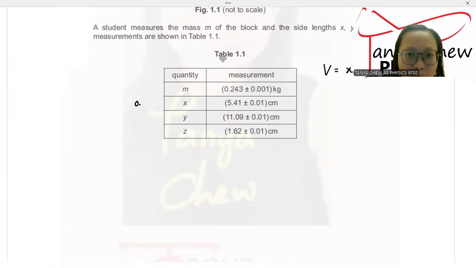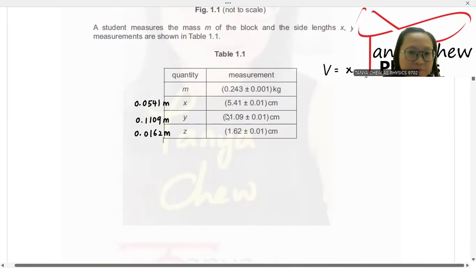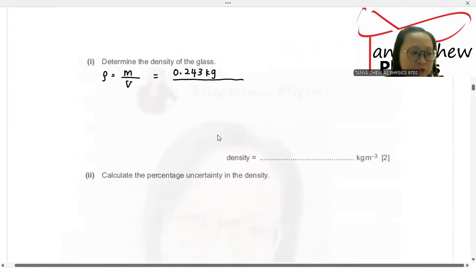This is 0.0541 meter. And y, you divide by 100, you get 0.1109 meter. And z, you get 0.0162 meter. Right, once I got all these values, I have already converted to meter.